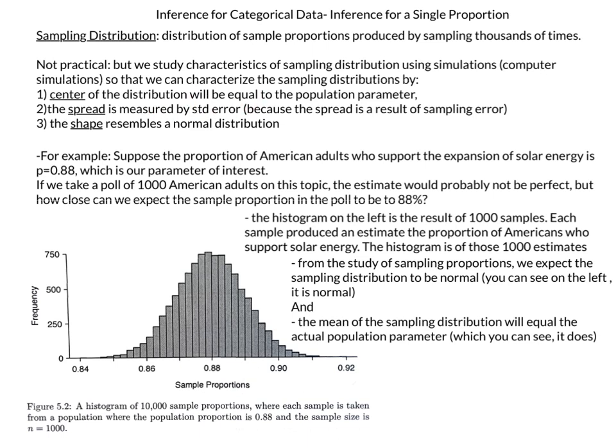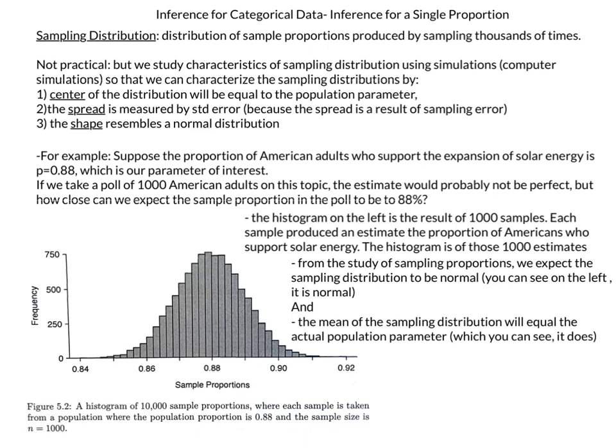Again, it's not about how far the data is distributed, but the spread comes as a result of sampling error. And the shape resembles a normal distribution. Because it resembles a normal distribution, we can use all the techniques from normal curves when we sample. So these are general things that we've learned about the sampling distribution, which will allow us to use this normal curve to talk about our samples.